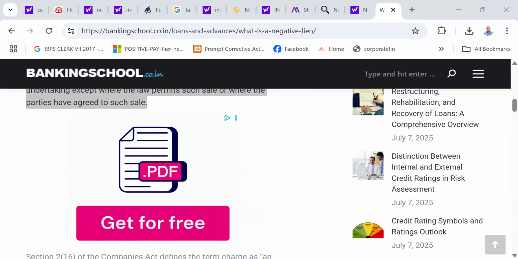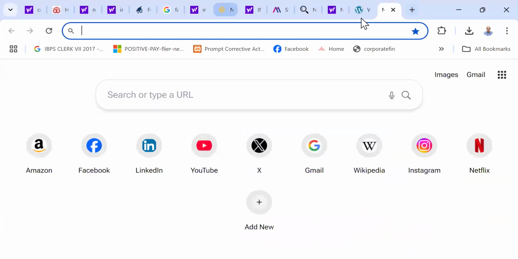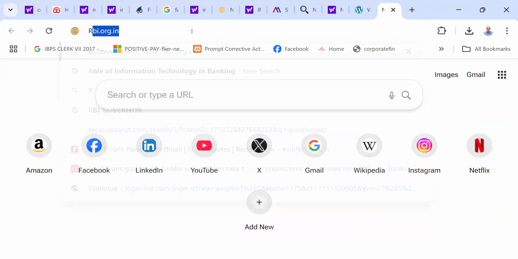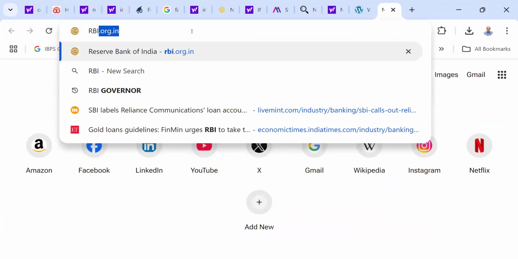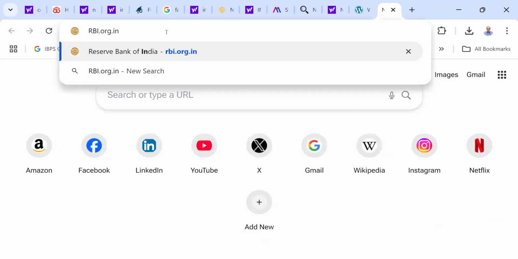Next, anybody else? Any doubt? Sir, in priority sector lending, there are several categories, like 8 categories are there. For domestic banks and foreign banks, the total priority sector percentage is 40% of adjusted net bank credit. We have to memorize all the percentages?